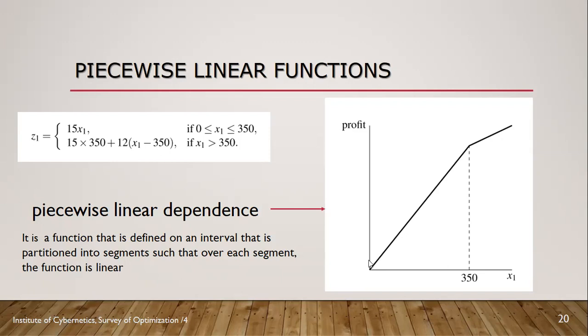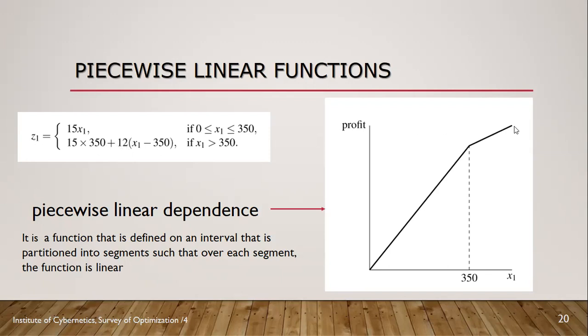If we graph it on the plane, the portion of the line before x reaches 350 has this slope. Then when x crosses 350, the slope changes to 12. Here, the slope is 15 on the interval from 0 to 350, and here the slope is 12.